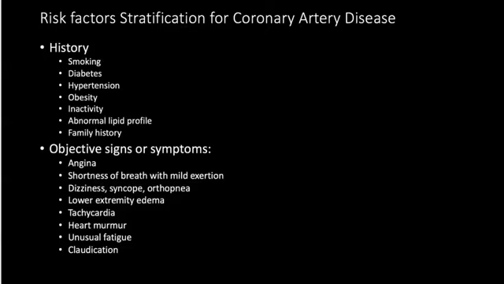Are they a smoker? Do they have diabetes? Take a look at, are they obese? Are they inactive? And then looking at some other objective signs like hypertension, and then lab values, abnormal lipid profile, and then do they have a family history of coronary artery disease.